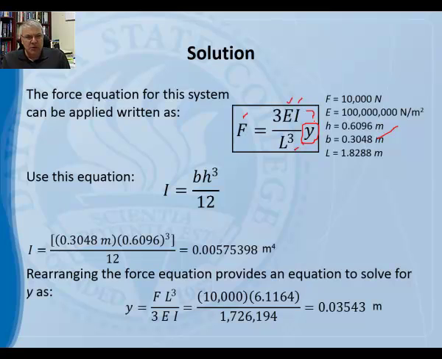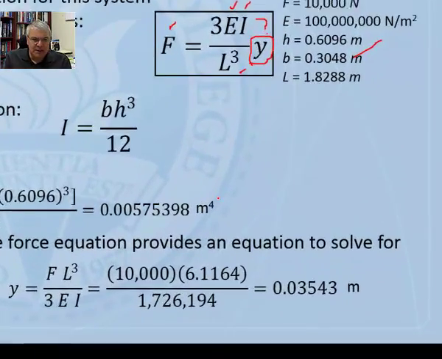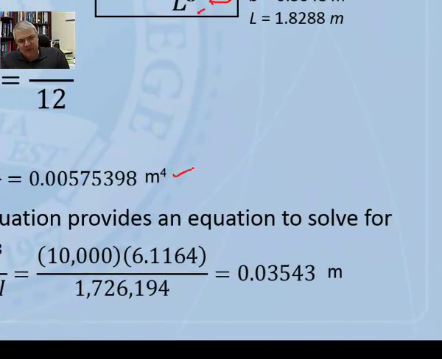So in order to do that, I simply take 3 E times I divided by L cubed, and divide F by that known part of the equation on the right hand side. I divide the left hand side by that. But first I need to calculate the moment of inertia, B H cubed divided by 12. I know B is given, H is given, so it's a matter of really doing a numerical substitution. That would be I in meters to the fourth.